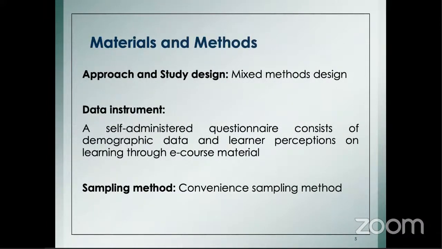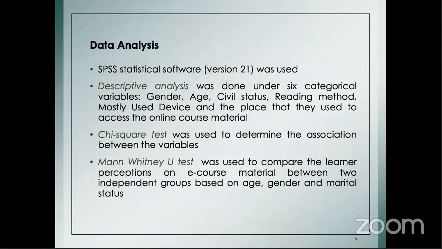Materials and methods. This is a mixed methods design. Demographic data and learner perception were identified using a self-administered questionnaire, and the sampling method was convenience sampling. Data analysis was done using SPSS statistical software.